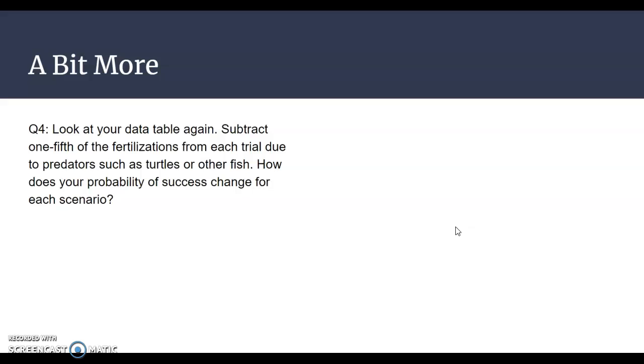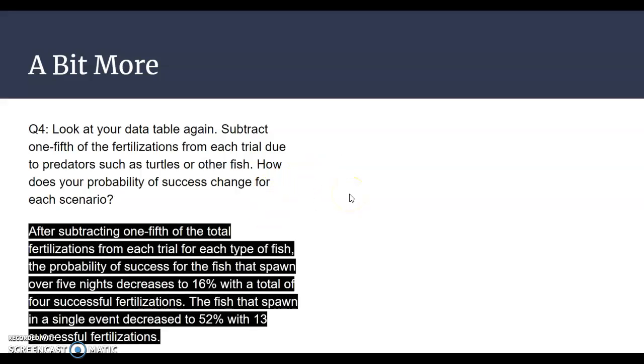The next one, looking at your data table, I want you to subtract 1/5 of the fertilizations from each trial because, let's be honest, in nature, this spawning would not happen in an isolated setting, free of predators. So there are predators out there that eat those fish eggs, or any possible fertilized eggs as well. And again, I don't have your data, so this is generally speaking.